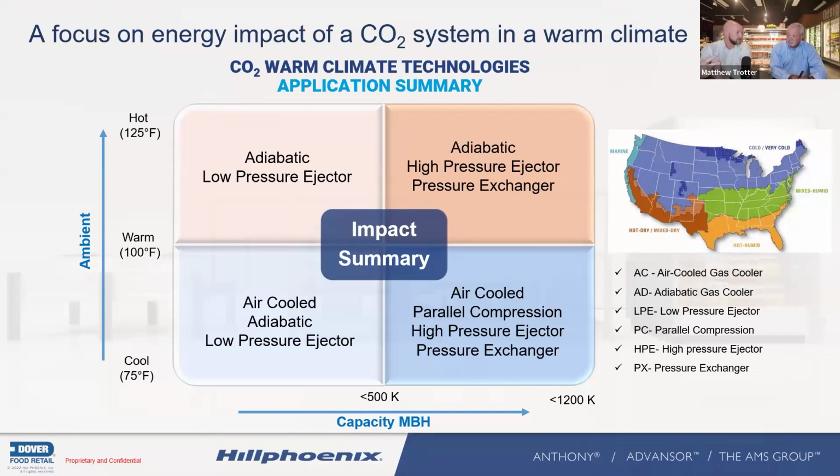We can use the gas cooler up to 101 degrees, though most people think it's 87 and can't go any hotter, which takes out a large portion of the states, which is not true. Then after that, we look at adiabatic, parallel compression with ejectors high, parallel compression with ejectors low, and the new technology we're looking at. So that's 5 different options, 6 combinations of options.